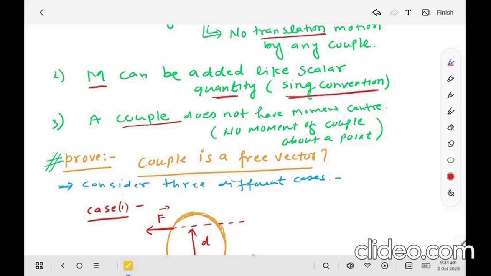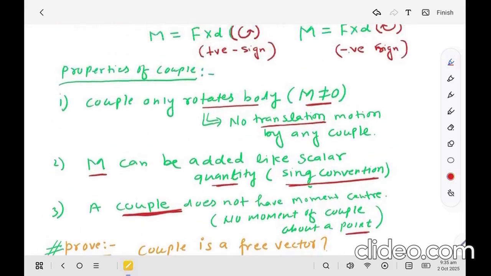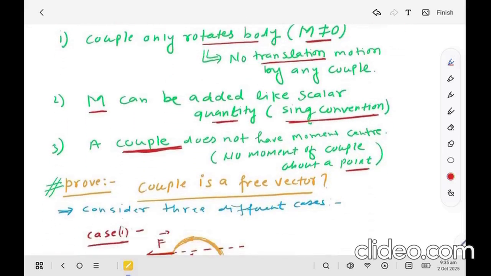But in the case of a couple, the moment does not depend on a given point. We do not measure the moment of a couple about a given point. So these are the main properties of a couple and moment of a couple.